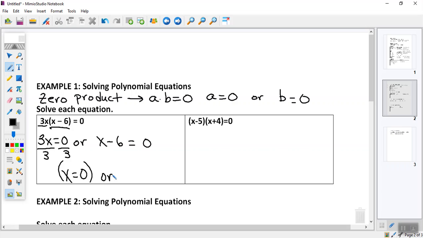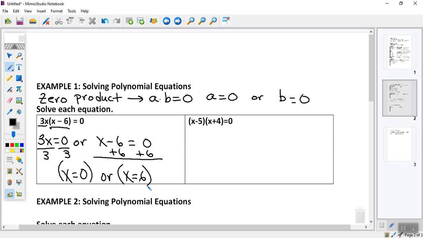Or I could set this second part, x minus 6 equal to 0 and solve it. So what would you do to both sides here to get x alone, kids? Add a 6. All right, talk to me, kids. What's this going to be? So my two possible solutions here, x equals 0 or what?